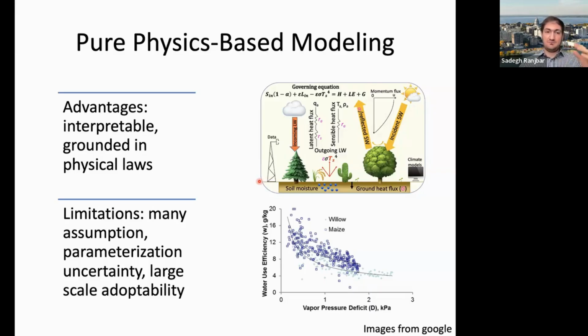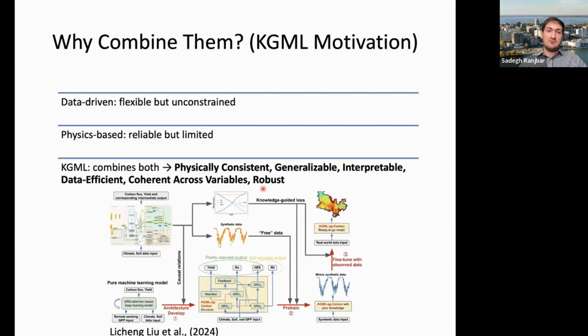And so these types of limitations in pure physics-based modeling, as well as the data-driven modeling, bring us to the question of how to combine these two models. So we started thinking about using the advantage of the data-driven model as well as the advantage of the physics-based models.